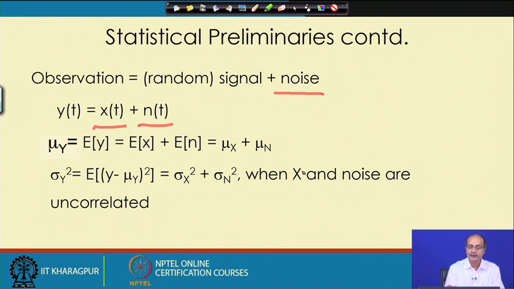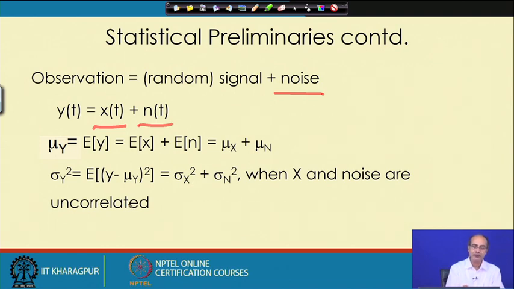Now, if we calculate the mean of the observed signal y, taking the expectation of y, we get that the mean of the observed signal is nothing but the mean of the signal of interest plus the mean of the noise. If the noise is zero mean, then we get a happy situation that the observed signal mean is the same as the signal of interest.